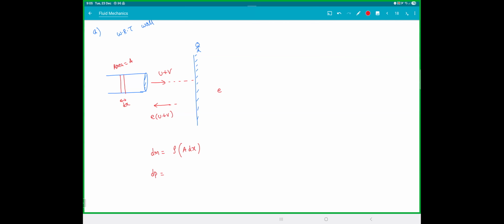Change in momentum is P final minus P initial. So in this scenario, it will be dm (V final minus V initial). V final will be e(u plus v) in the minus i cap direction, and V initial is minus of (u plus v).